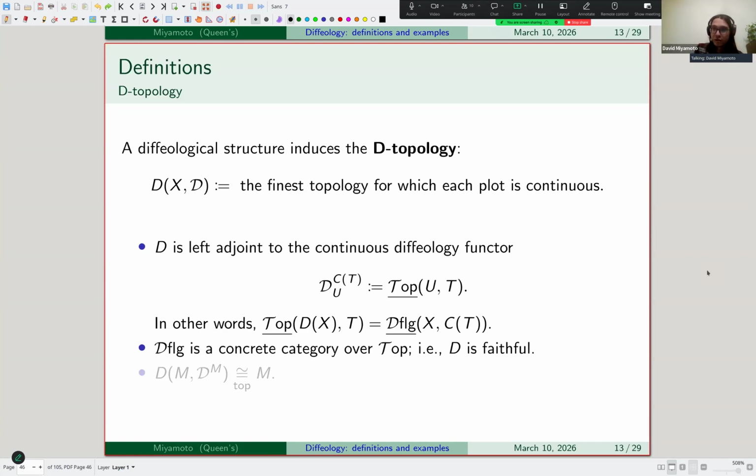The functor D is faithful. So something that's smooth will also be continuous with respect to these underlying topologies. And if I take a manifold and I take its D topology, then I will recover the manifold's topological structure. So the D topology is compatible with the notion of manifold.